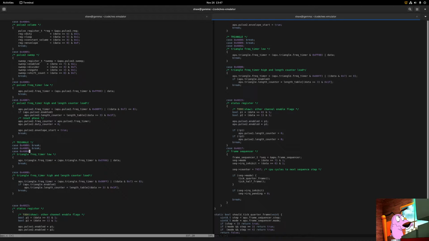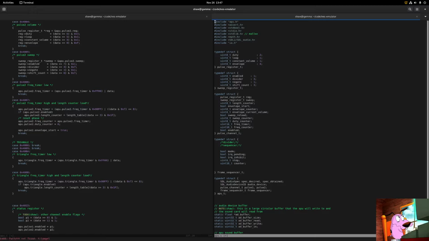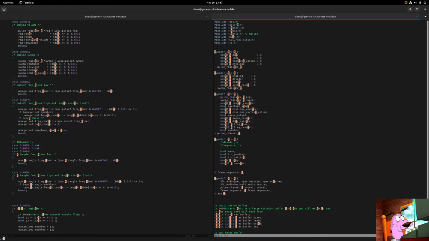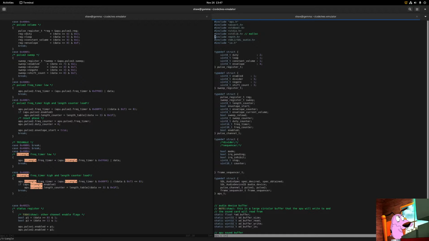Alright, well, let's see. Do we even have a triangle channel, like a data structure for that? We don't. So, yeah, you have two pulse channels, then you're gonna need a tri-channel.